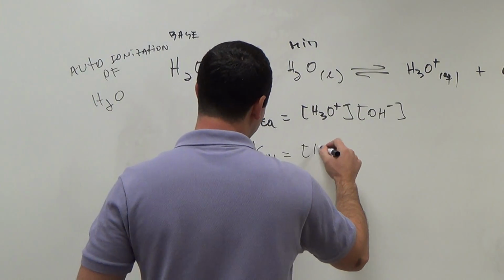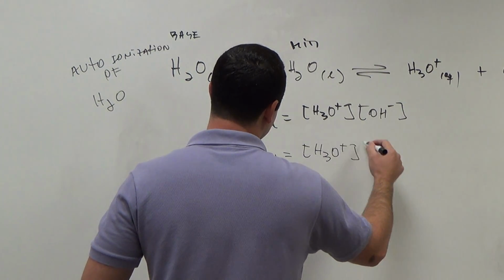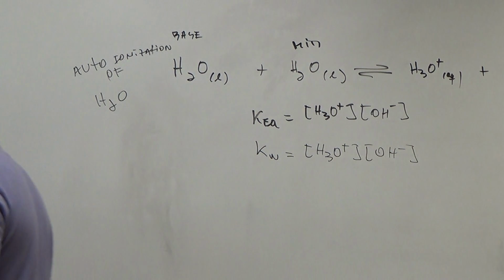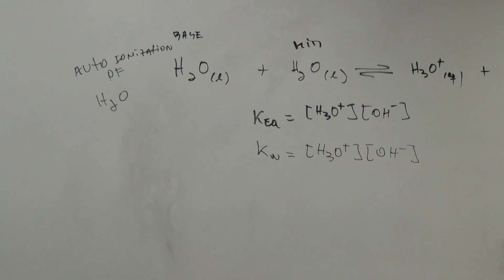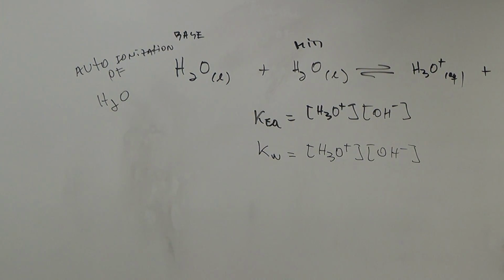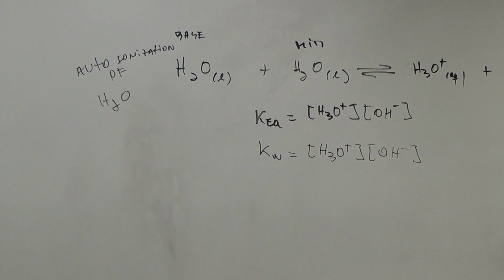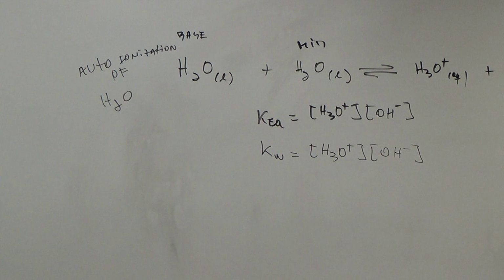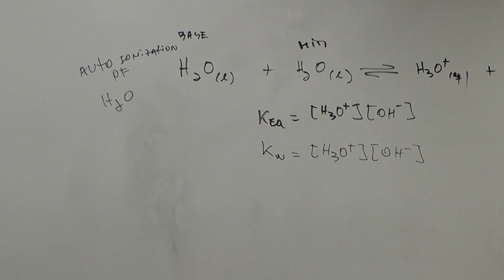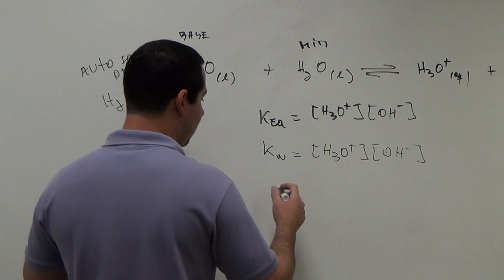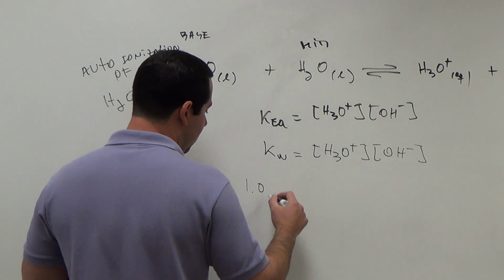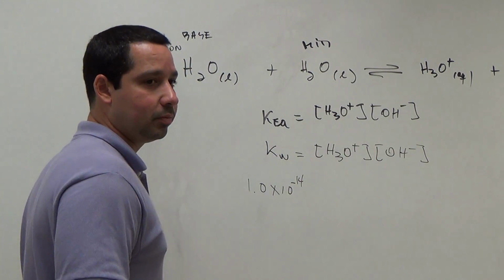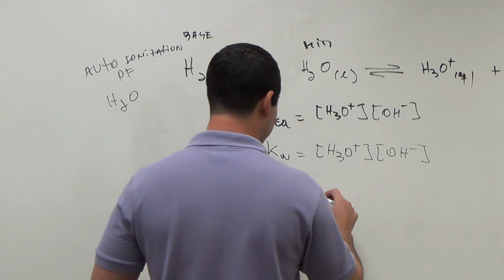And Kw is equal to the concentration of H3O plus times the concentration of OH minus. Is Kw a constant? Yeah, and it's known. People know what the value of this equilibrium constant is, and the value is 1.0 times 10 to the minus 14. That's the value of Kw.